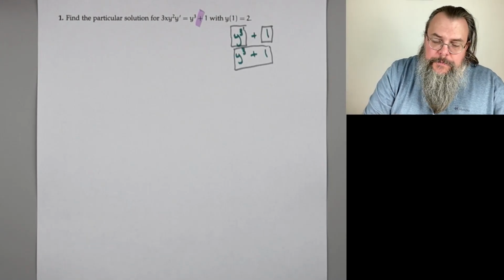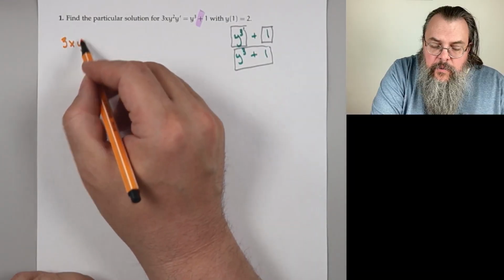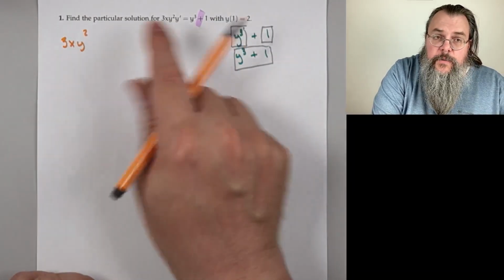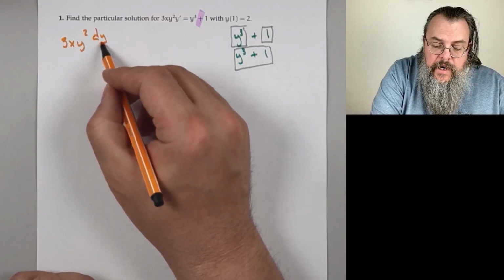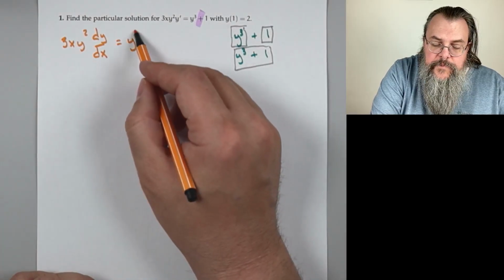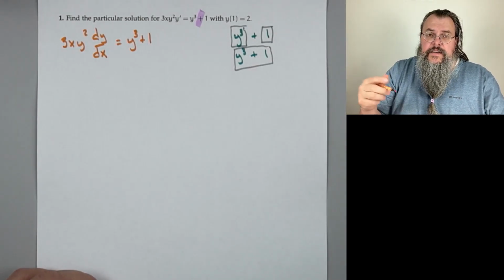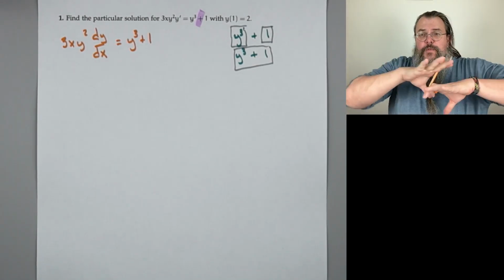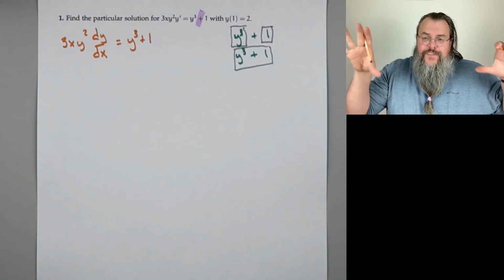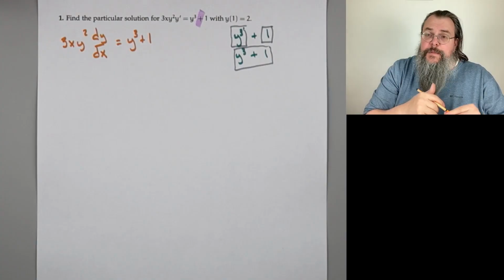So we'll write this as 3x y squared, writing the y prime as dy dx, equal to y cubed plus 1. Now that we have our separable hat on, because every time we have tons of multiplication, separable is the way to go.